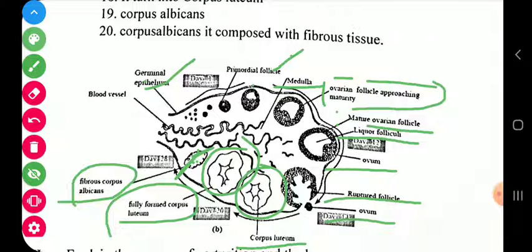So the blood vessels are also there. Remember this. If you know the structure, you can easily remember the essay.